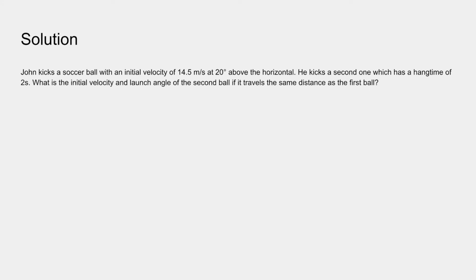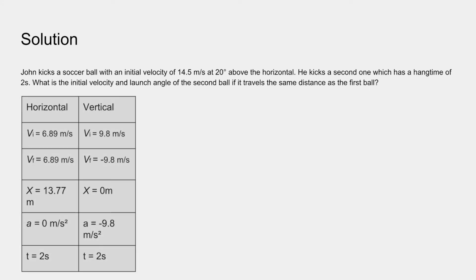We're now going to fill in what we got into the chart. The initial velocity in the vertical component is 9.8 meters per second, and that would make the final velocity negative 9.8 meters per second, since the final velocity would just be the opposite of the initial velocity.